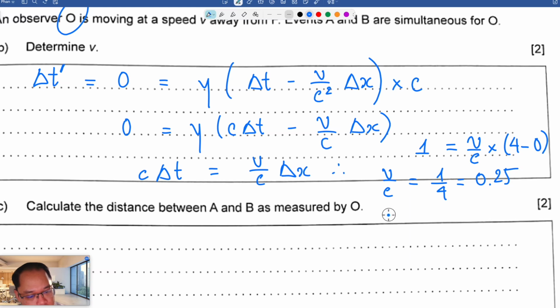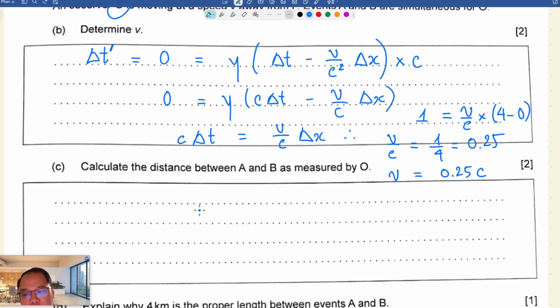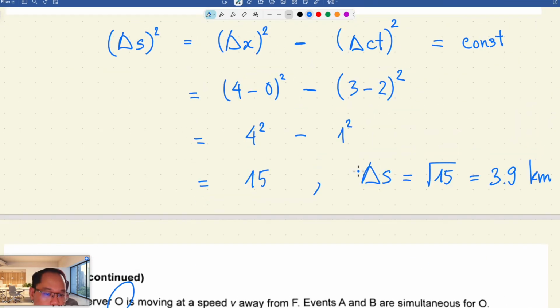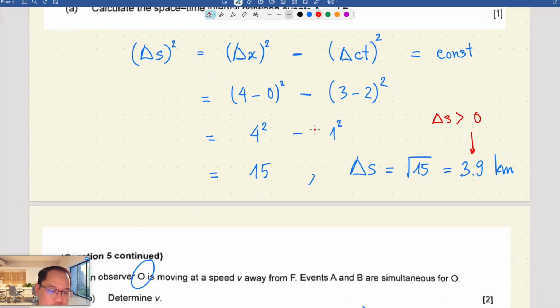So we conclude that the speed of the spacecraft, the moving observer, the reference frame O, is 25% the speed of light. One more thing from part A: we see that this delta S space-time interval is greater than 0. It means there is a space-like separation, which means that the distance between the two events is greater than ct, so even at the speed of light, a signal cannot travel from one event to the other.